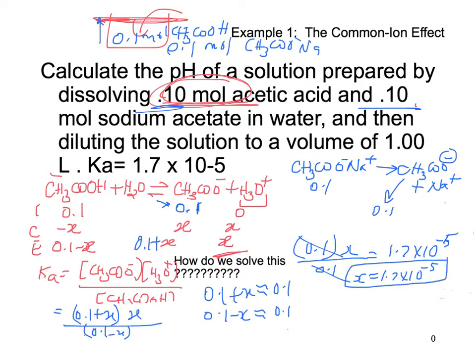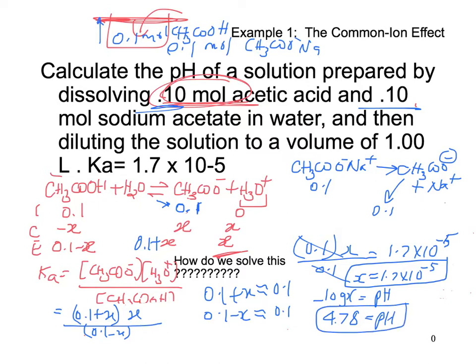And when you take a negative log of this, that will give you pH. So if you try to take a negative log of 1.7 times 10 to the negative 5th, that value comes out to be 4.78 on my calculator.